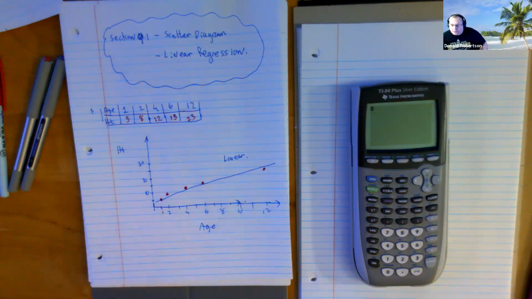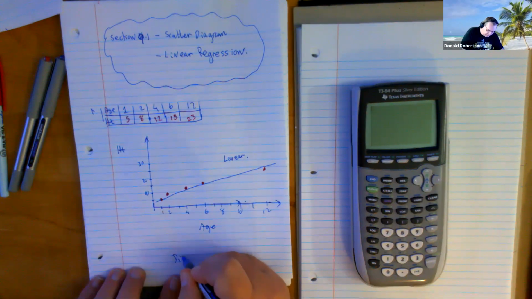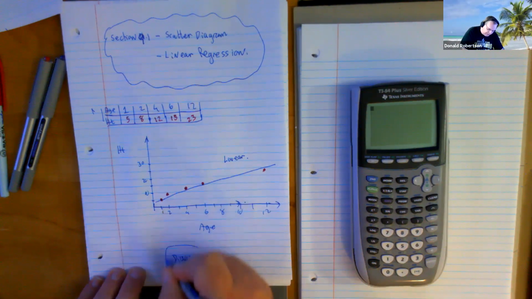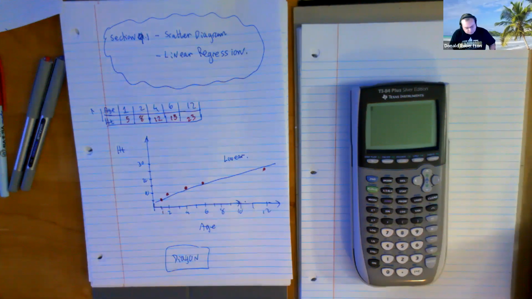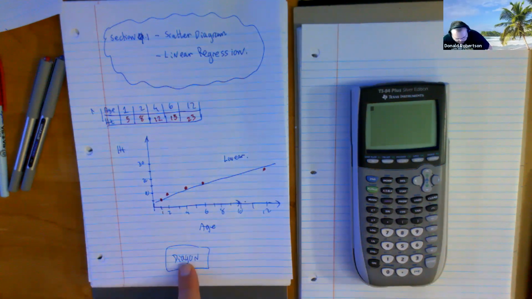The calculator default factory setting does not include what's called diagnostics on. Diag on. Diagnostics on, I don't know why it's called that, but it needs to be on for us to be able to calculate R. I think it's just a big mistake by them. I think they should have fixed it, but they never did. The chips had already been produced, so they're not going to recall all your calculators just to fix this. So what we're going to do is set this to be on.